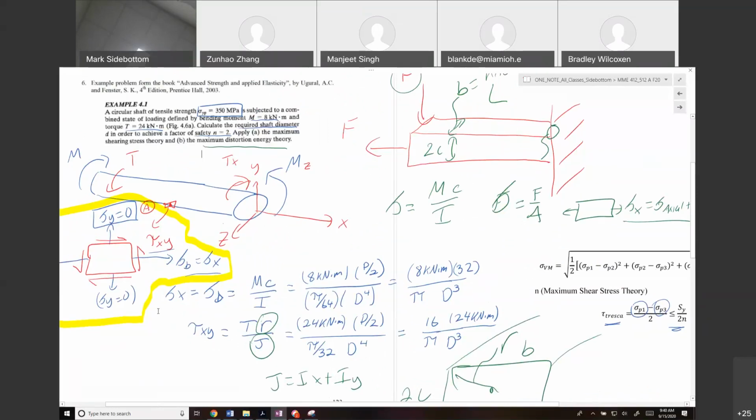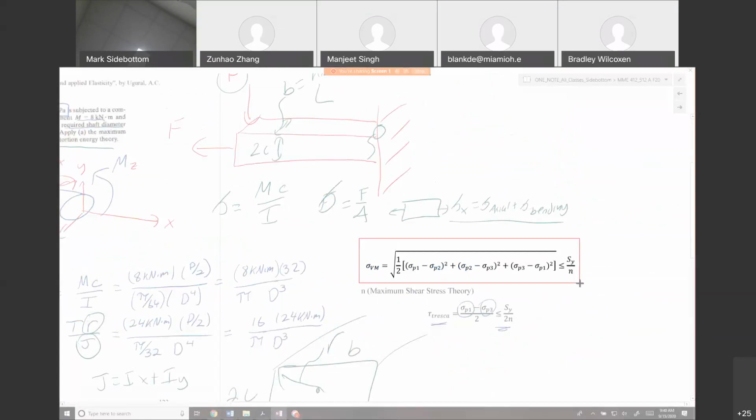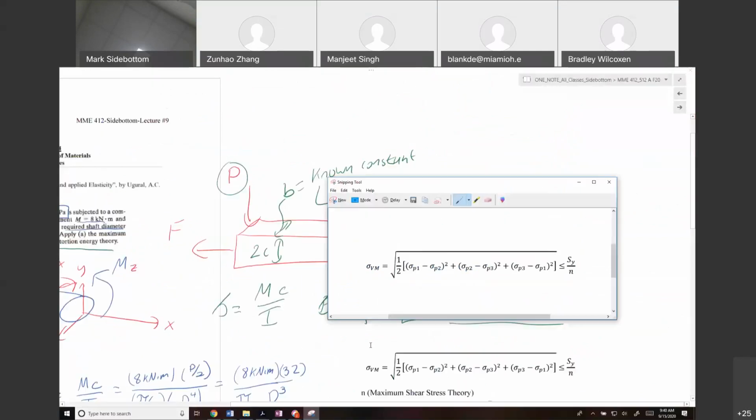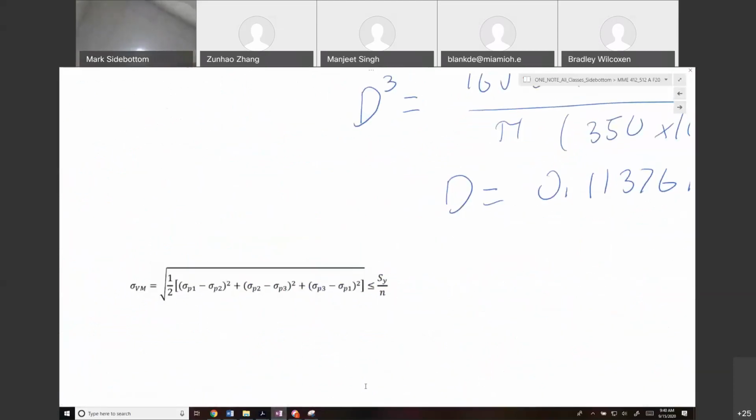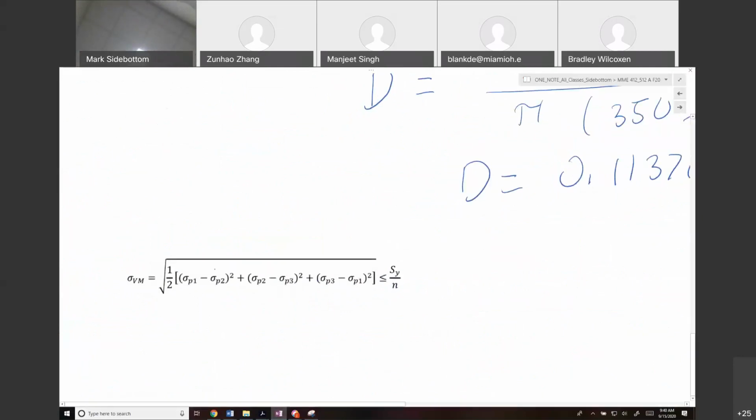So for the von Mises theory, because this is a case of plane stress, you can say that sigma P2 is 0.